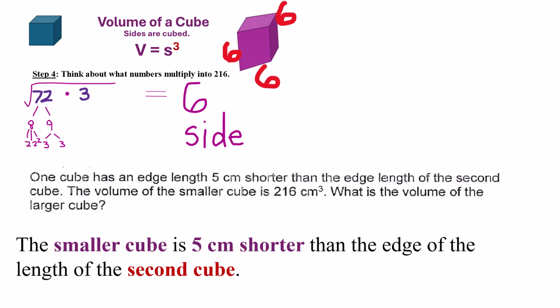Okay, so now you're going to think about the problem. One cube has an edge length 5 centimeters shorter than the edge length of the second cube. The volume of the smaller cube is 216 cm. What is the volume of the larger cube? So you need to rewrite this. The smaller cube is 5 cm shorter than the edge length of the second cube.